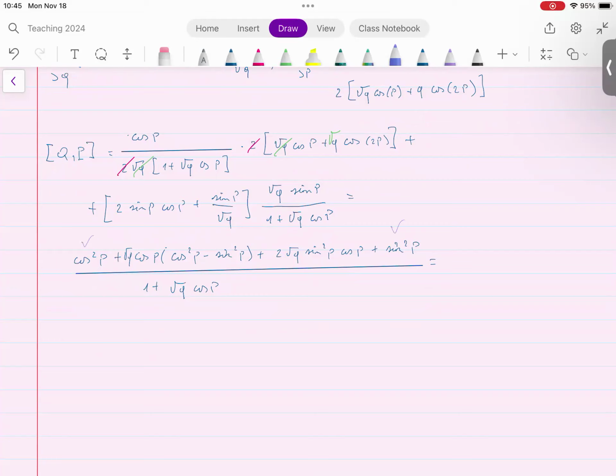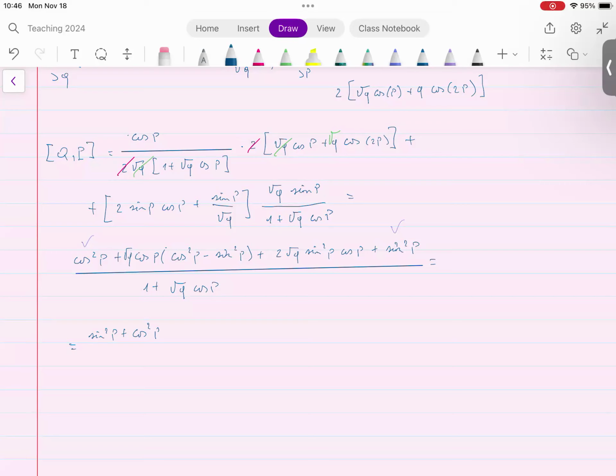I'm going to put these two together. They kind of look alike. I like them. So sine square plus cosine square. Here, what can we do?